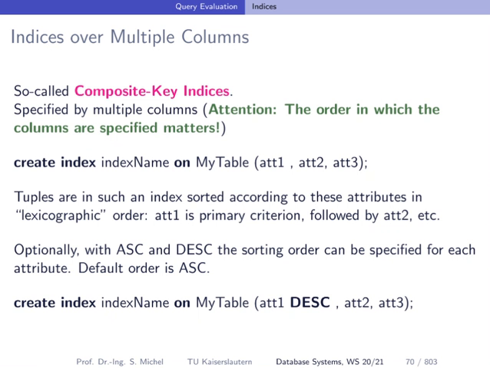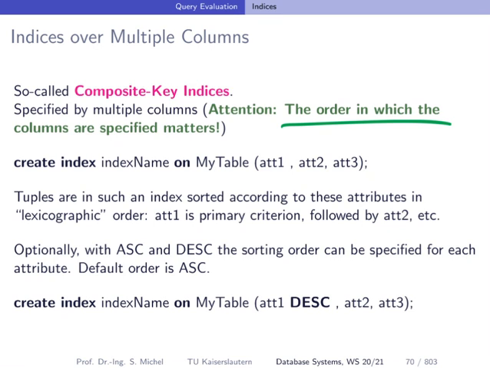A few more words on this composite index. So we can have, as we see, indexes on multiple columns. And what is important to note, what I just indicated by major and minor attributes in the previous example, is that the order in which the columns are specified indeed matters.